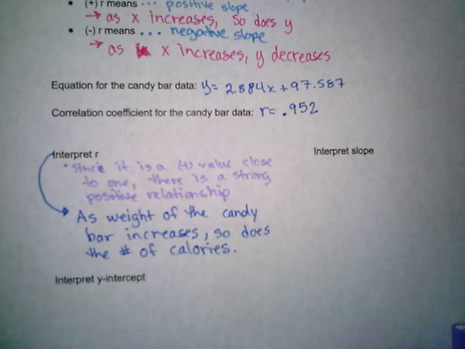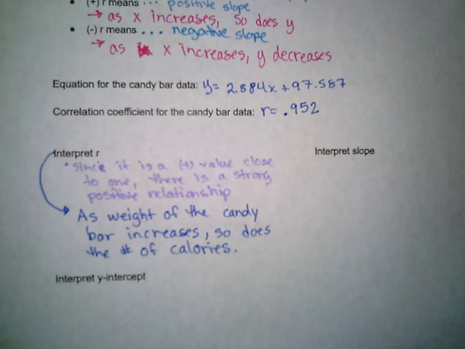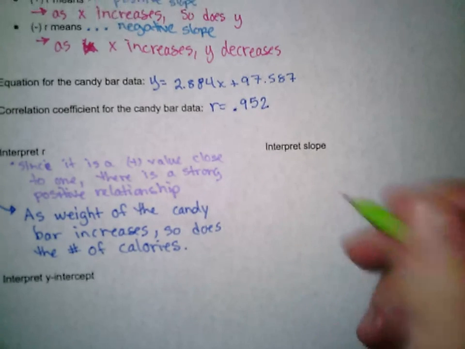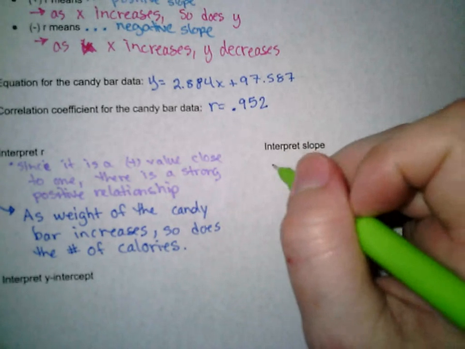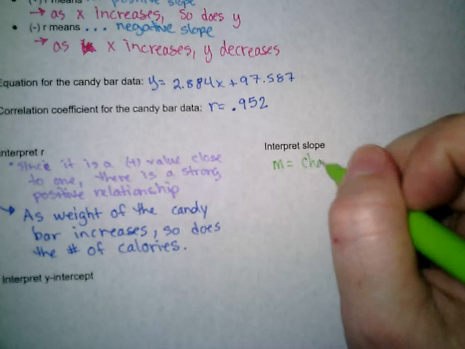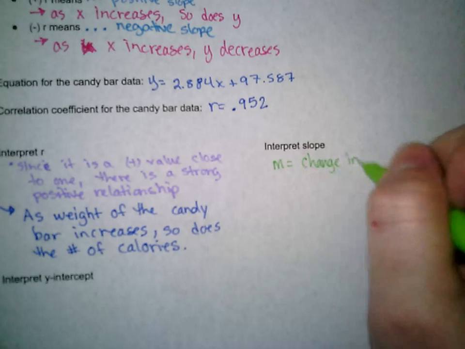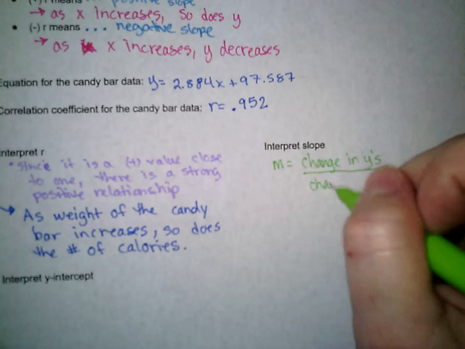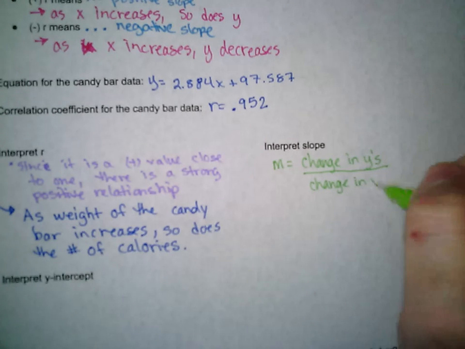What about slope? Interpreting slope. The slope was 2.884. So remember that slope is the change in y's divided by the change in x's.